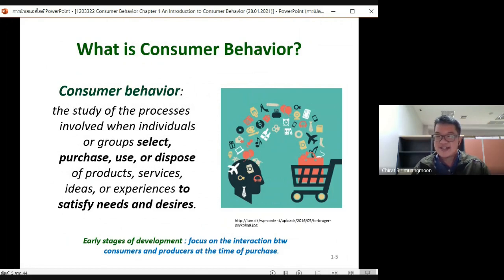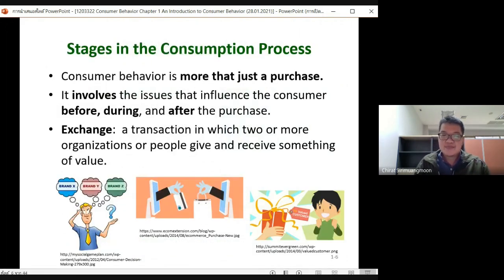Again, in the early stage of the development of consumer behavior, they didn't have the name consumer behavior. They had the name buyer behavior, because at that time they focused mainly on just the purchase time. So I talked about these stages already: before, during, and after.